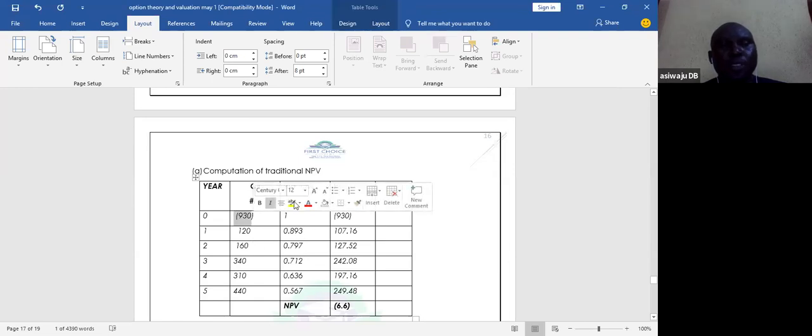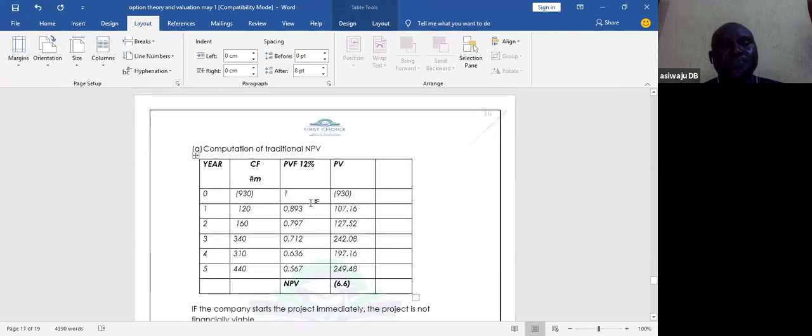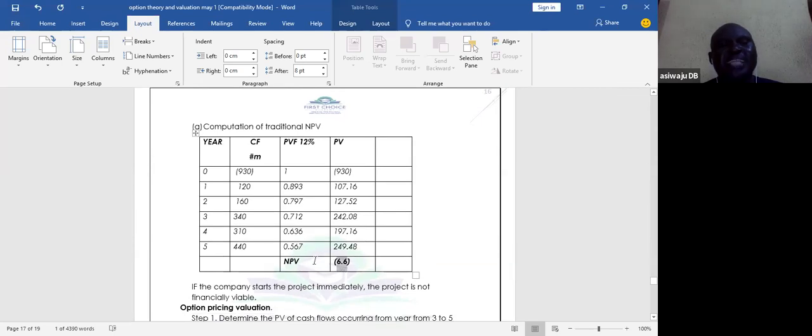Look at the inflow. The discount factor at 12% for year zero is 1. Now quickly run through your calculator. You can reconfirm our discount factor from year 1 to 5. Now if you check your computation, you have a negative NPV, which implies that if the company starts the project immediately, this project is not financially viable.